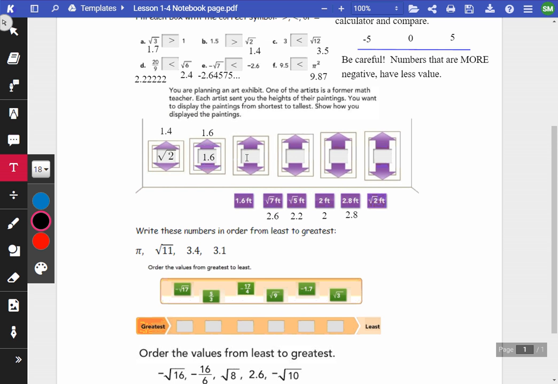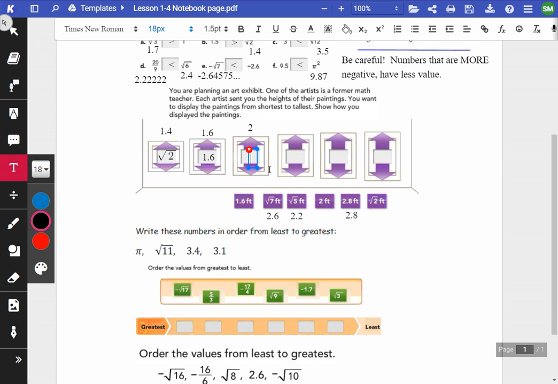My next one would be, let's see, I got 2.6, 2.2, just 2, and 2.8. Looks like 2 would be my next one. And that's what they gave me, was 2 feet. So I'm just going to put a 2 in there. Then my next would be 2.2. But that's not what they gave me.